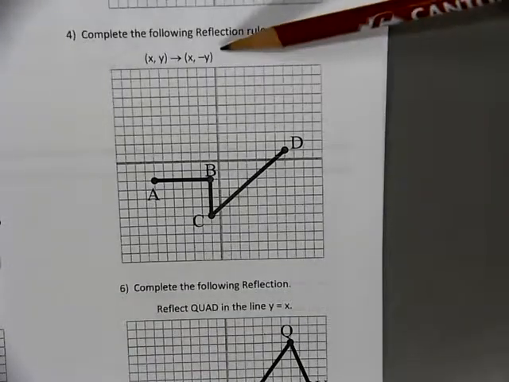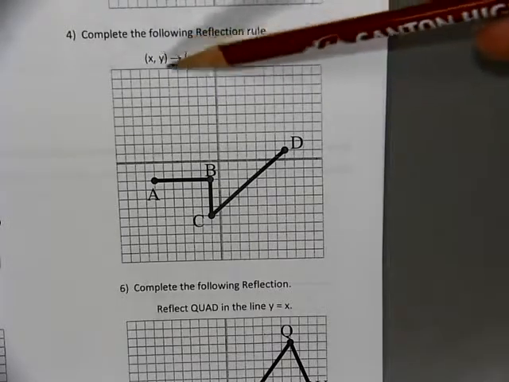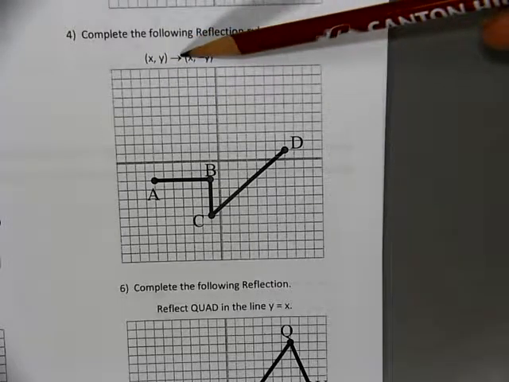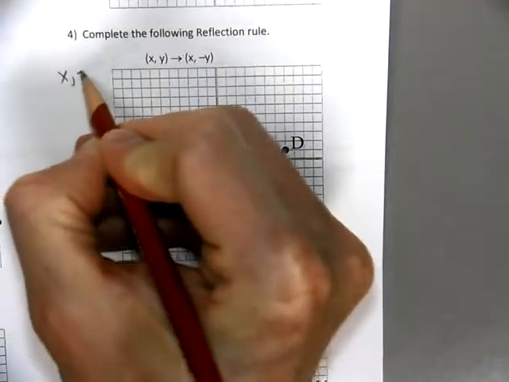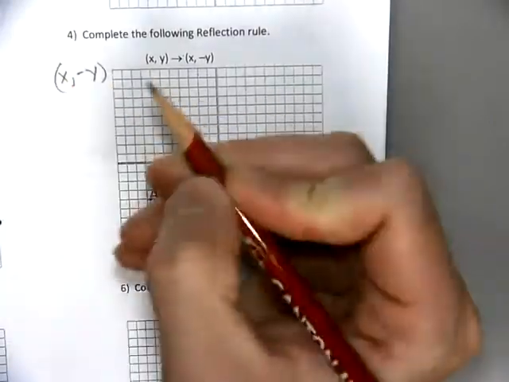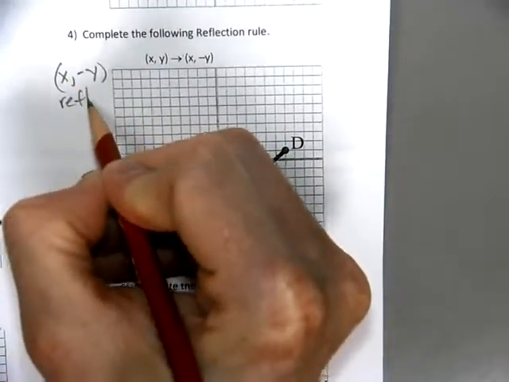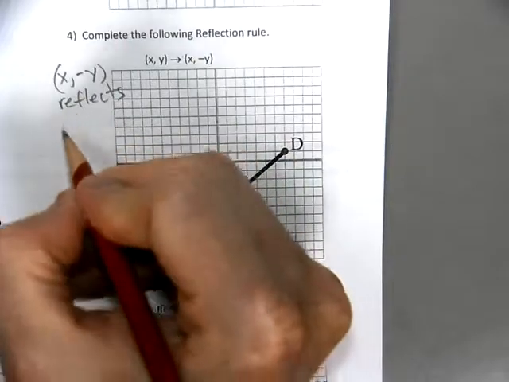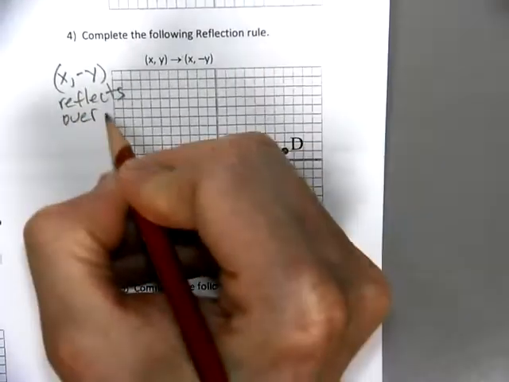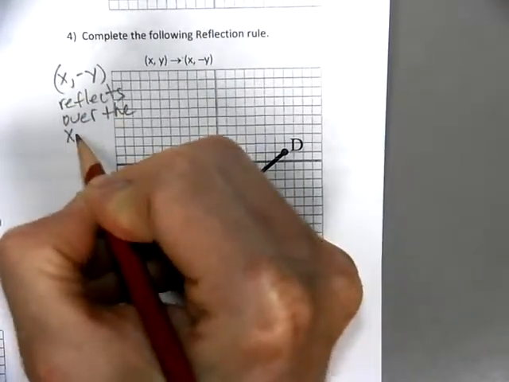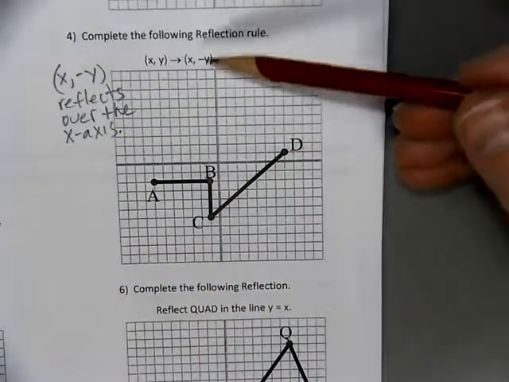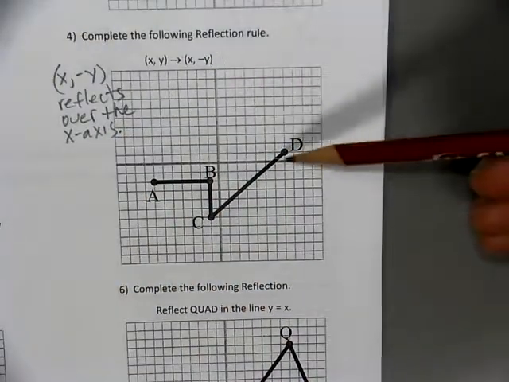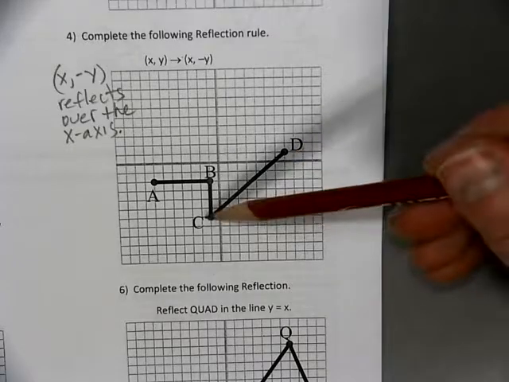Here we're looking at a new rule. This rule is x comma y has a transformation for x comma negative y, which reflects over the x axis. Think about what changes when you put a negative y. Instead of going up, you're going to go down.